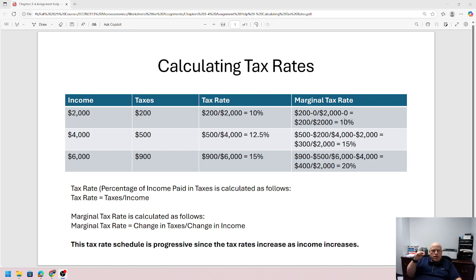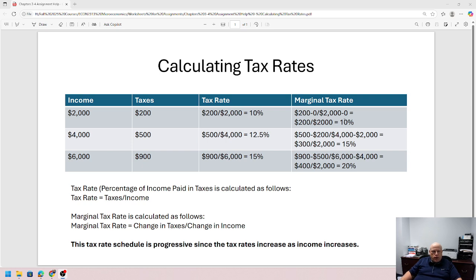But since this is the very first income that we see in the table, and we're moving from 0 to 2,000 and 0 to 200, the marginal tax rate is going to be the same as the tax rate for that first group of numbers.